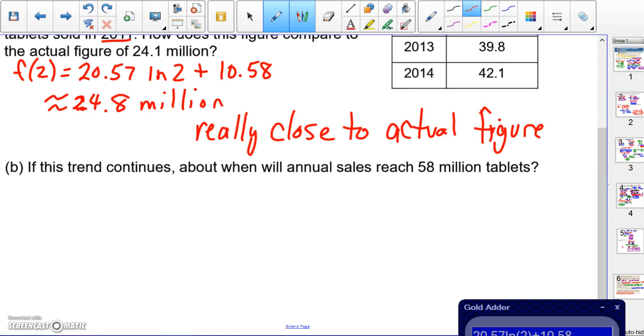B, if this trend continues, when will annual sales reach 58 million tablets? So that's going to be on the left side of the function. 58 equals 20.57 times the natural log of x plus 10.58.